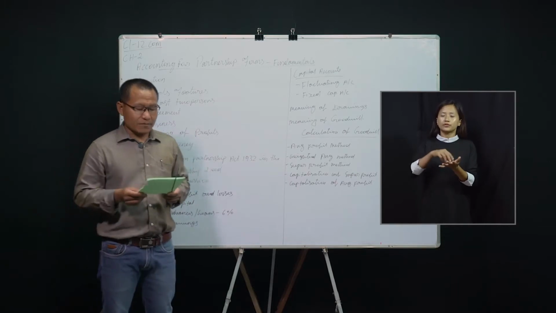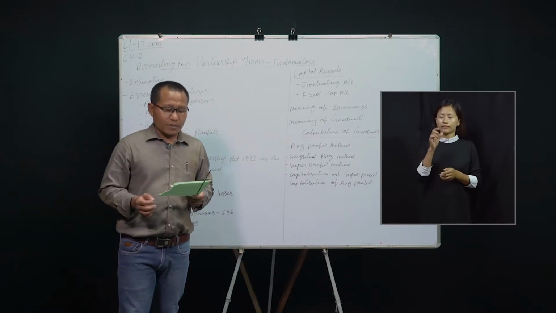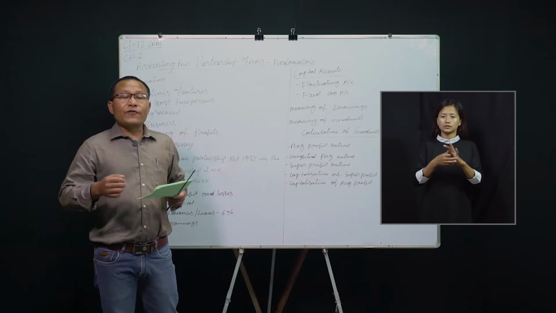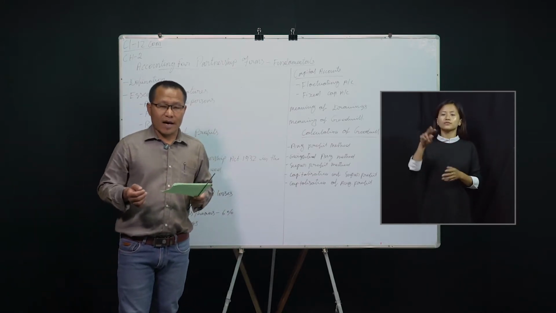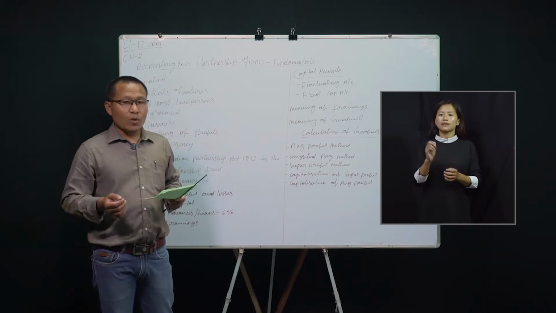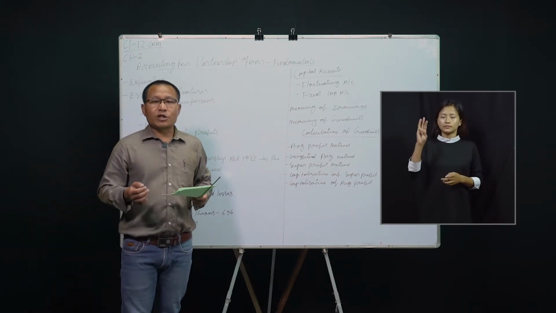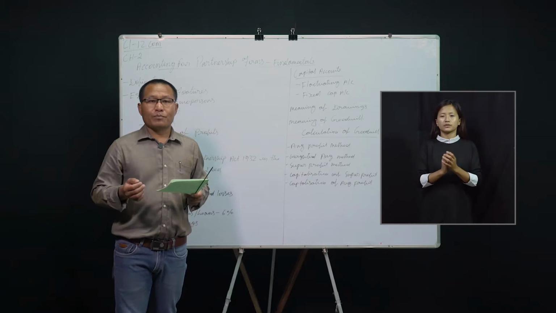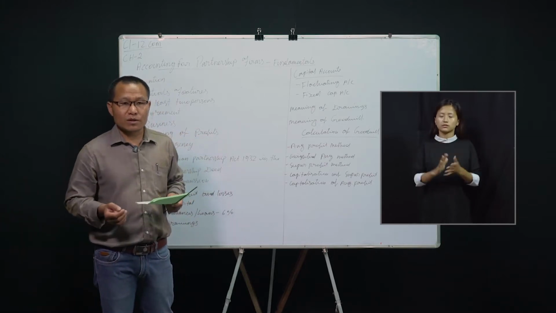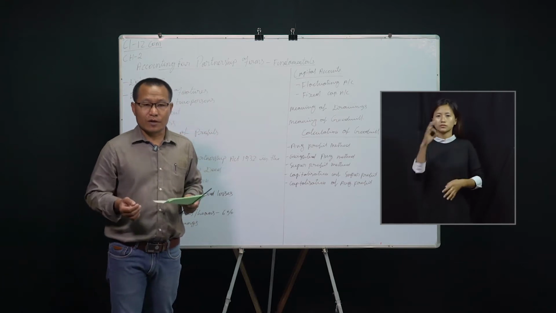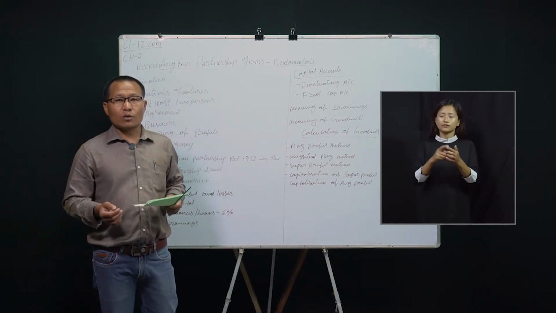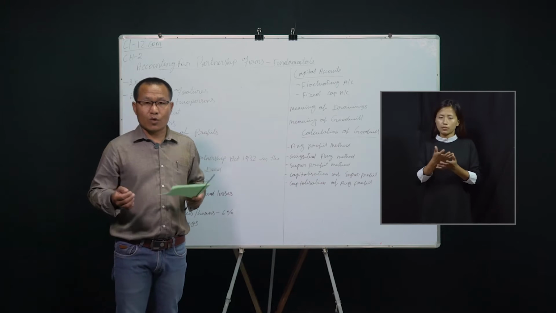So in this session, the partnership firm was defined in Section 4 of the Partnership Act 1932, where it states that partnership is a relationship between two or more persons who have agreed to share the profits of the firm, carried on by all or any one of them acting for all.